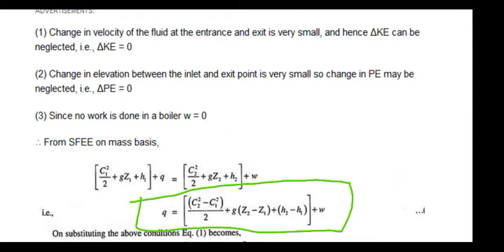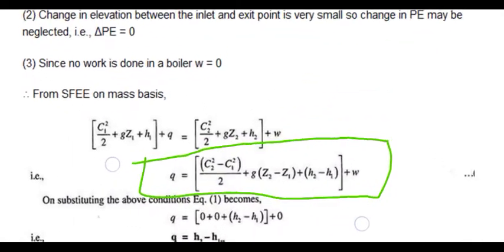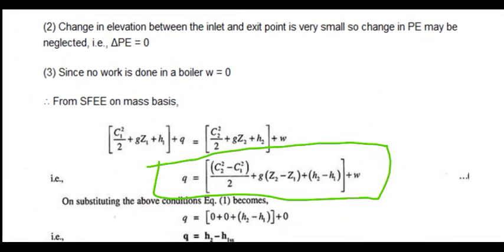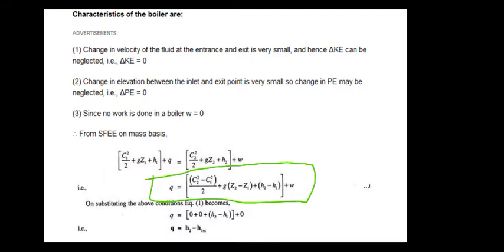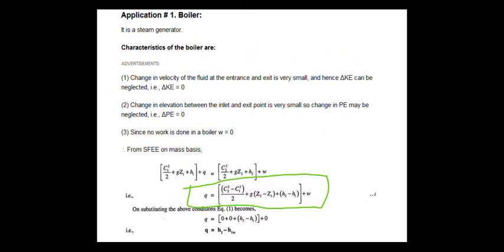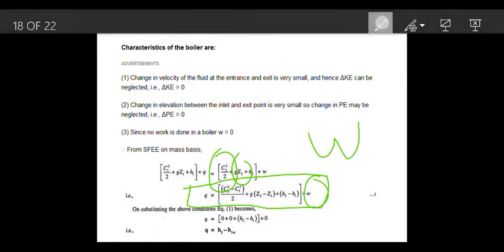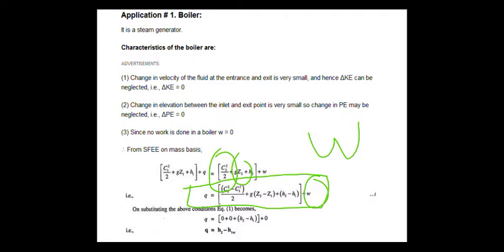When we substitute zeros, we get only h2 minus h1. Here, C2 and C1 relate to the kinetic energy, and gz is the potential energy. W represents work. So this is the steady state energy equation for a boiler.